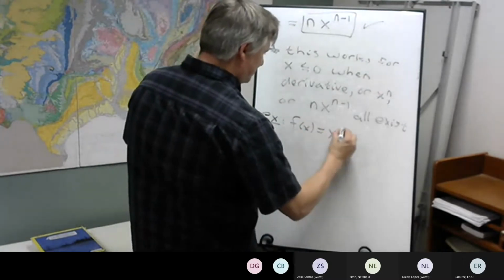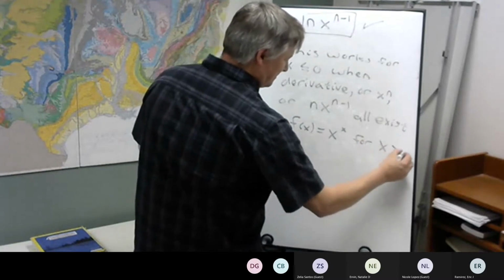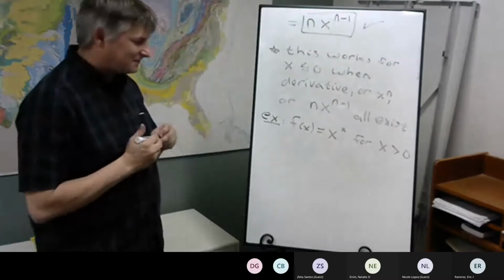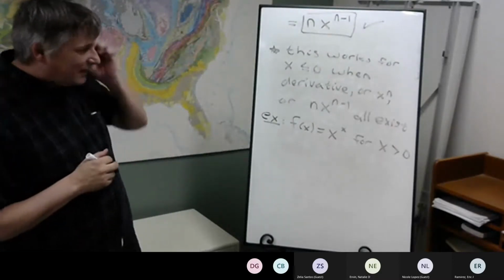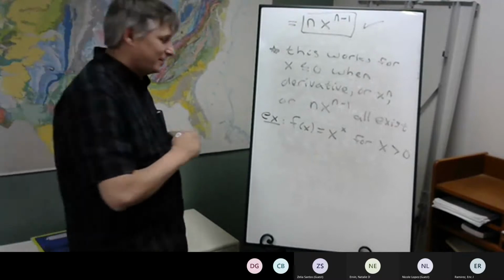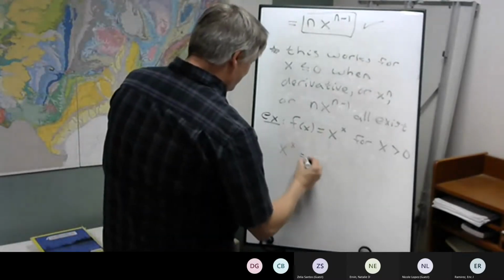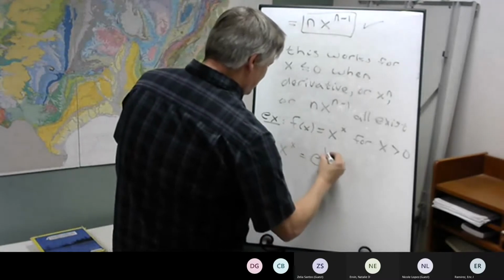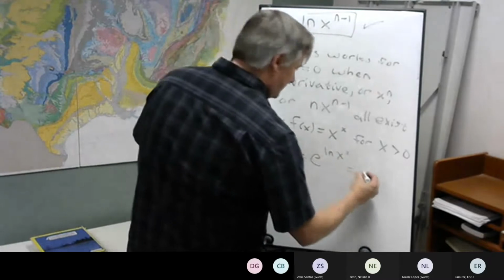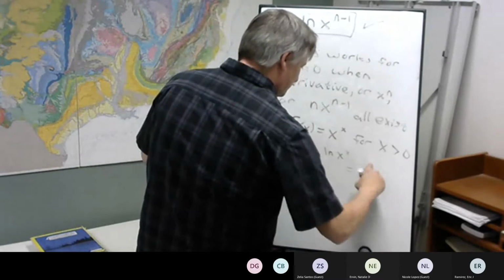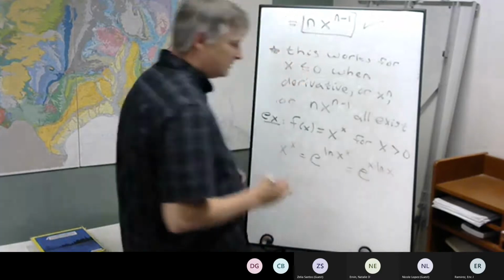Let's say we got to take the derivative of this. In this case, we're going to use that same trick. x to the x equals e to the natural log of x to the x, or e to the x natural log of x.